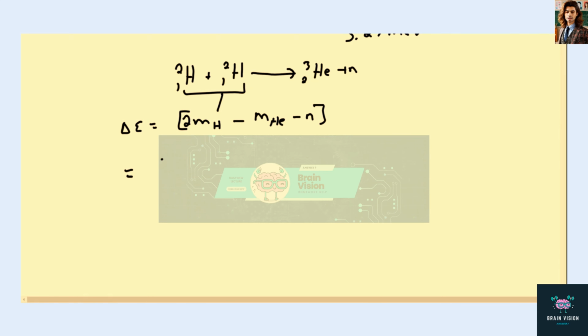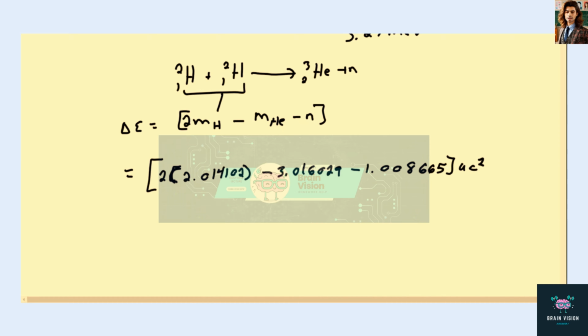Now we can just plug and chug, and we round that out a little bit for parentheses. 2 times 2.014102 minus 3.01609 minus 1.008665. I'm just going to bring the u out, and there's a c squared.